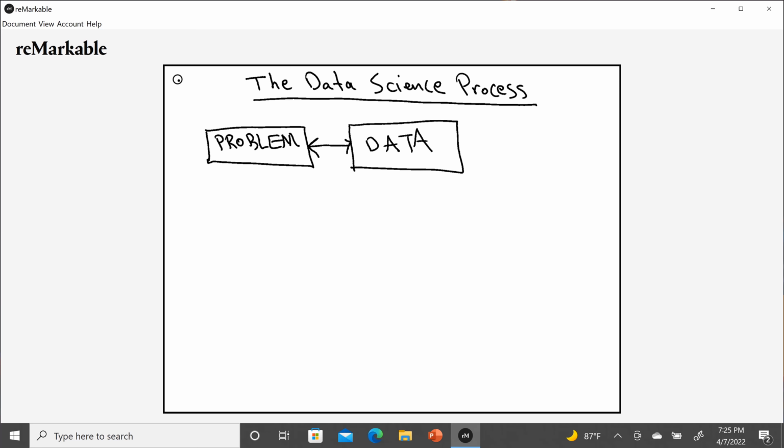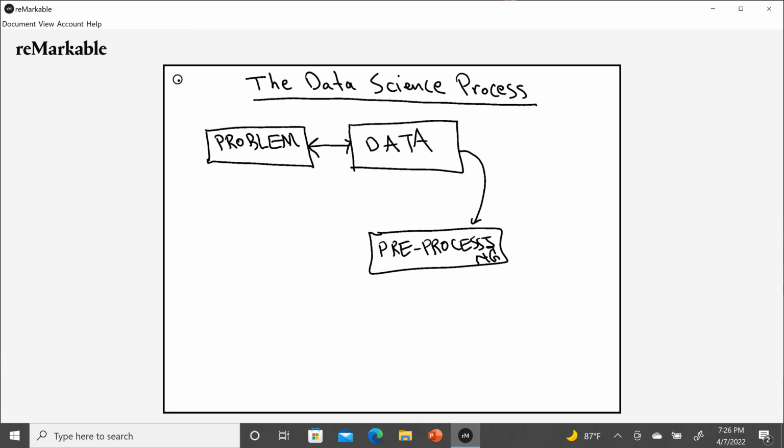Once you have these two pieces, the next piece is going to be pre-processing. So I'm going to have a box for pre-processing. The data that you have oftentimes is not initially collected for data science work. Data is generated as a byproduct of businesses doing their day-to-day operations, so you have some data sitting somewhere, and you're trying to see if you can extract some insights from it.